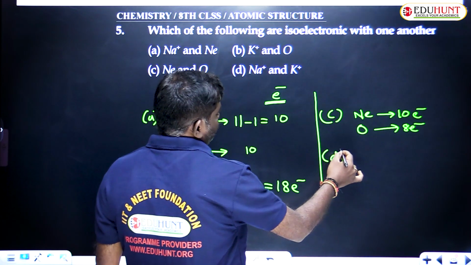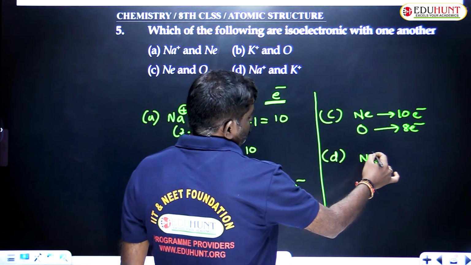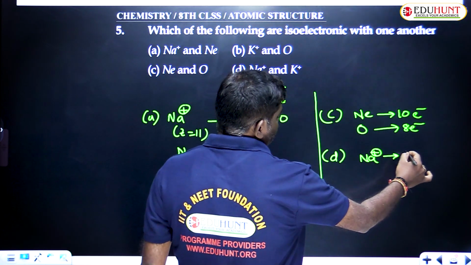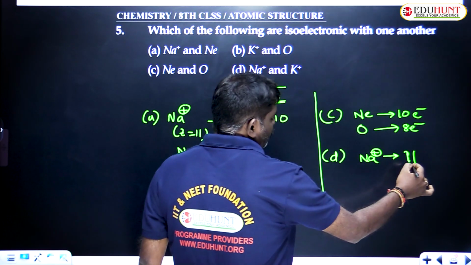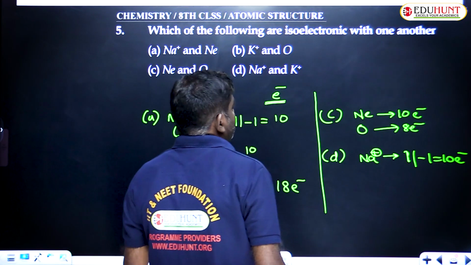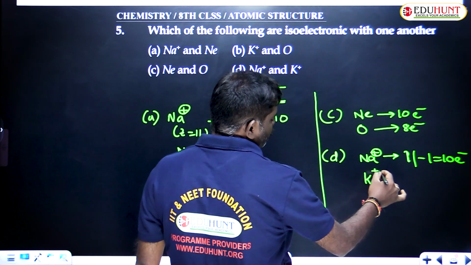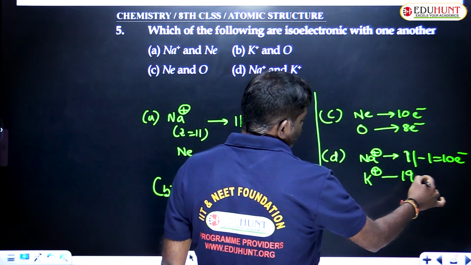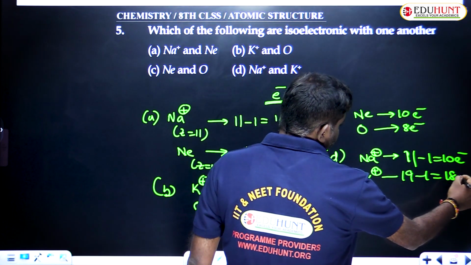And D, Na+, sodium atomic number 11, lost 1 electron, so 10 electrons, and potassium atomic number 19 minus 1 is 18 electrons.